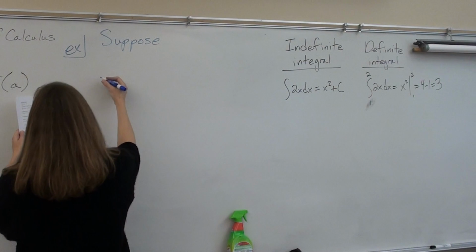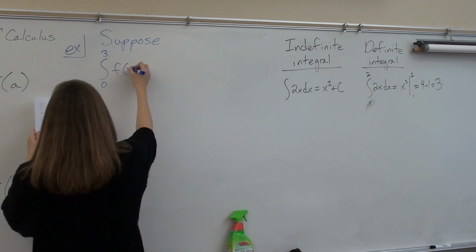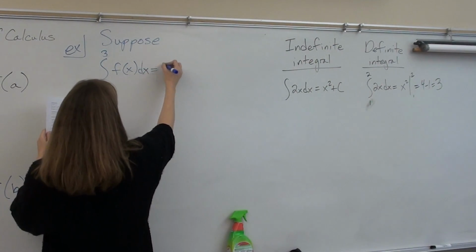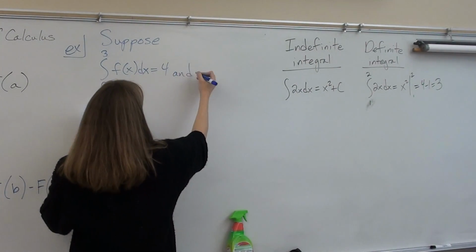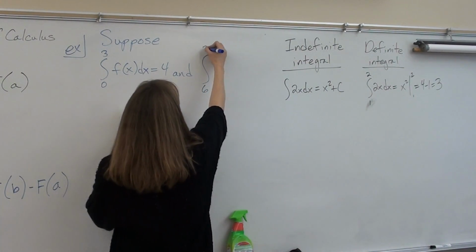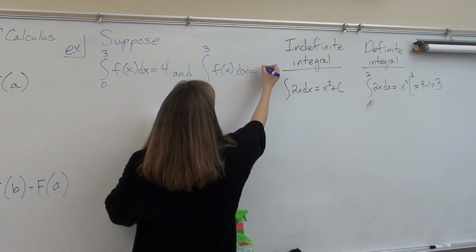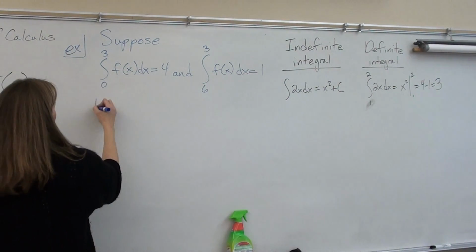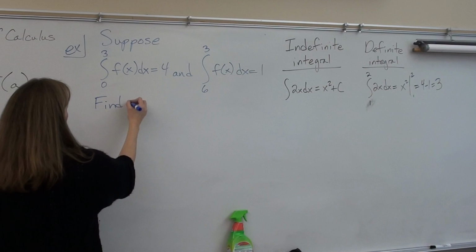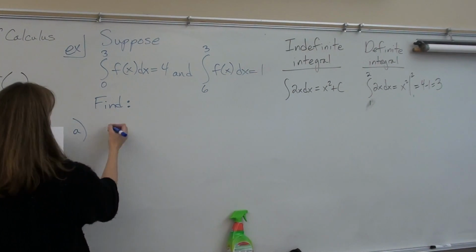Okay, so suppose the integral from 0 to 3 of f of x dx equals 4, and the integral from 6 to 3 of f of x dx equals 1. Find the following. A.